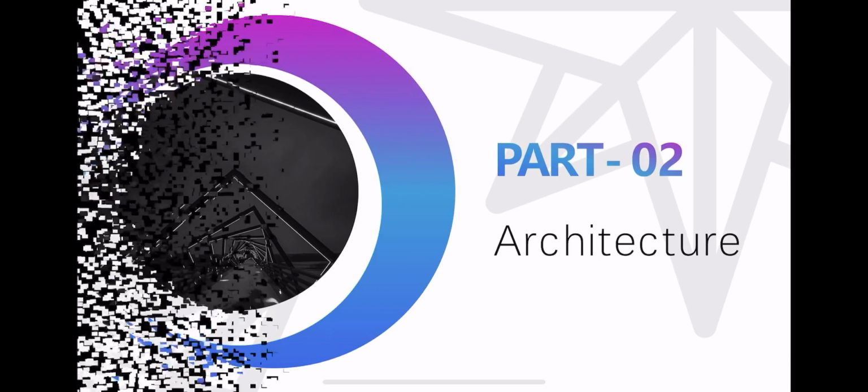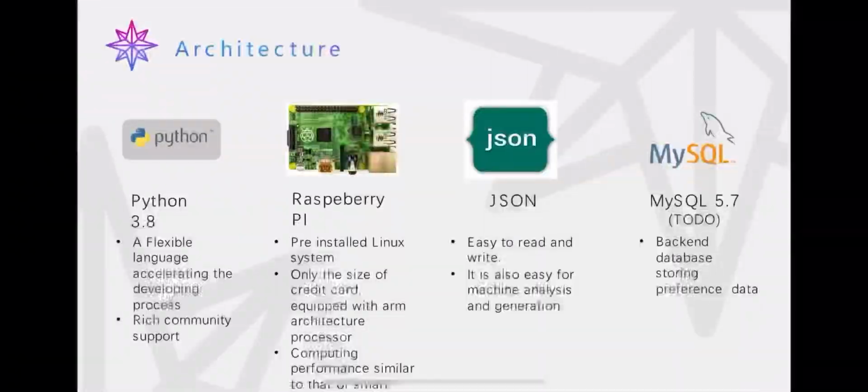For the next part, I will talk about the architecture and everything we are using to build our project. First of all, we use Python as our coding language, because Python has a lot of packaged code. For example, packages are written in C++ because C++ has higher efficiency, but they wrap that code as a package.